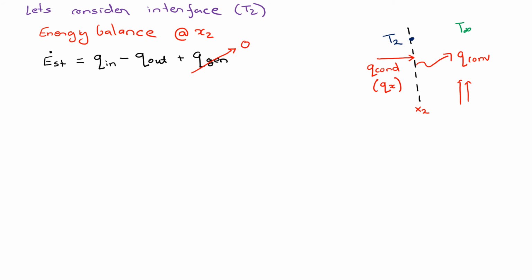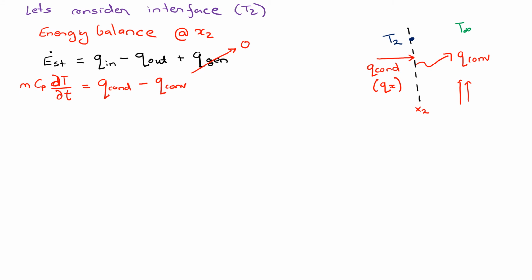Now our left hand side, the energy stored per unit time, can be written as m Cp times del T by del time, which will be equal to Q in to this system, which is Q conduction, minus Q out, which is Q convection.